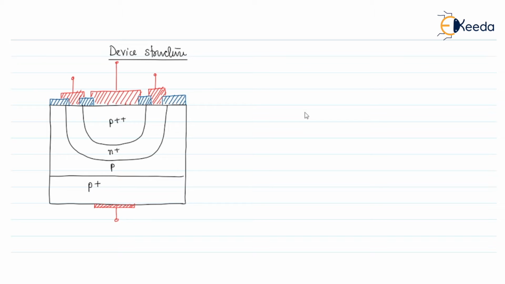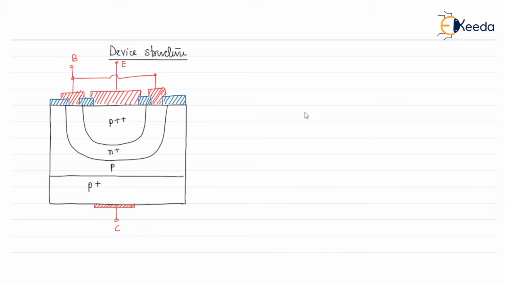This terminal is the emitter region, and these two terminals will be connected together to form the base region, and this is the collector terminal. So this is the original structure of a PNP device.